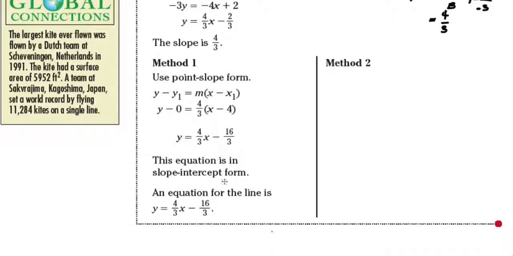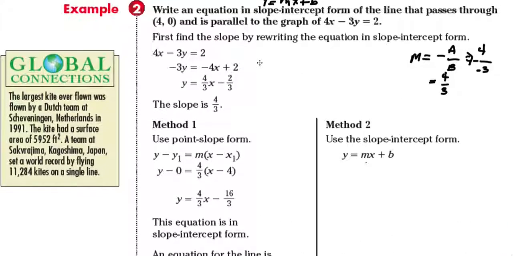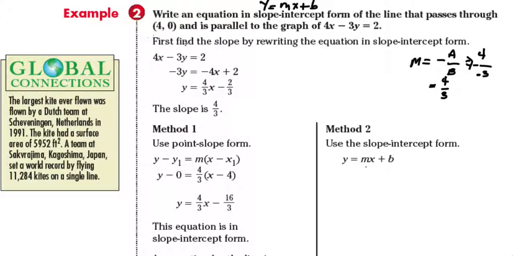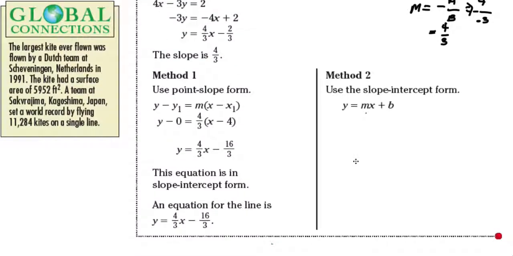In method 2, instead of using the point-slope form, we use the slope-intercept form, y equals mx plus b. Again, we substitute the point that it passes through, which is (4, 0), into the slope-intercept form, with our slope. So we have 0 equals 4/3 times 4 plus b, where 4/3 is our slope, and we can solve for b.